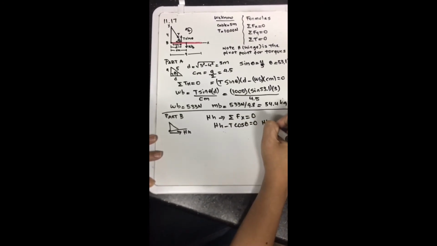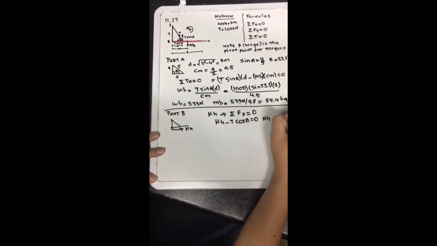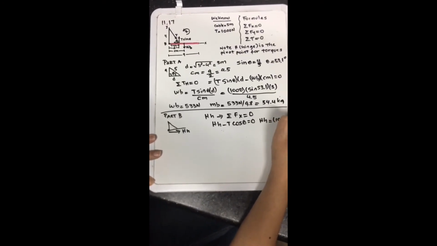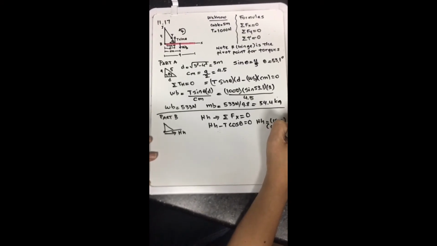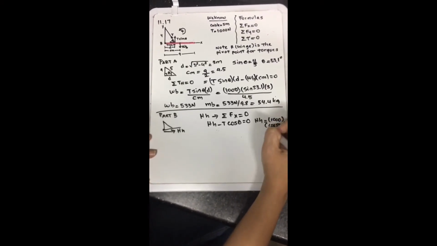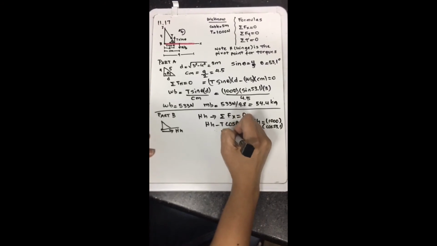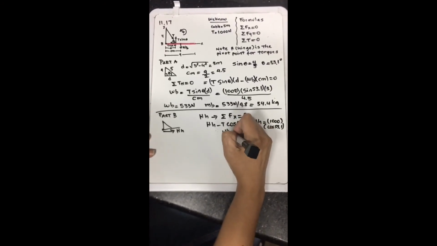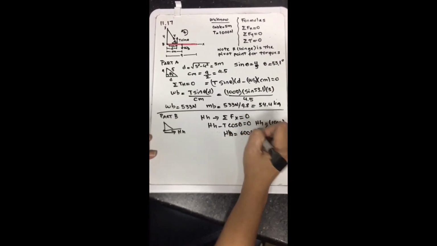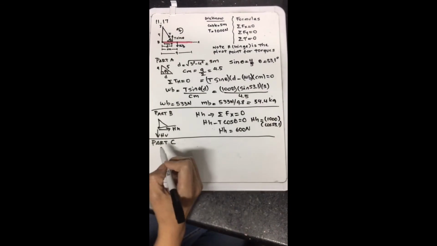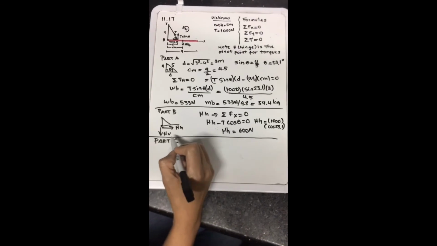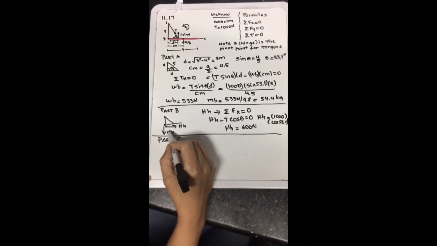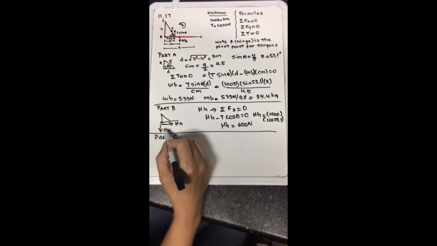So H sub H is equal to 1000, which is the tension, times cosine of 53.1, and this is equal to 600 newtons.